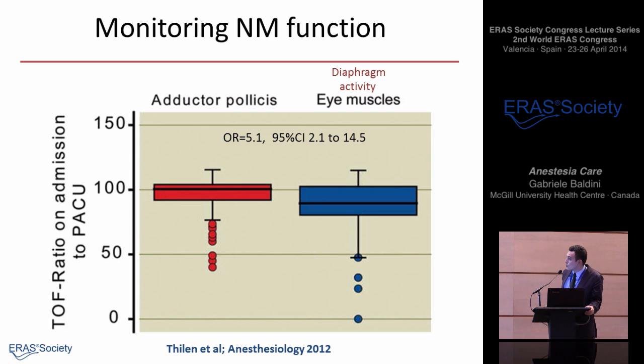The authors showed that if we measure at the level of the eye muscle, the degree of residual paralysis is higher than at the level of the adductor pollicis. So it means that during the surgery, as the eye muscle represents mainly diaphragm activity, it is okay to monitor neuromuscular function at the level of the eyes.